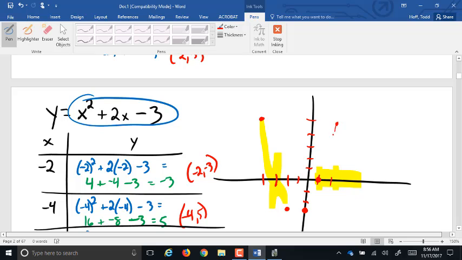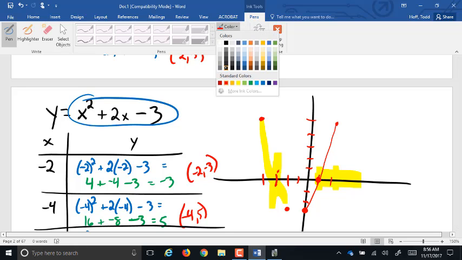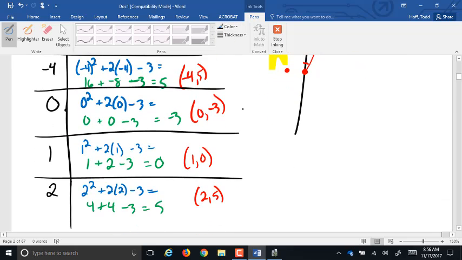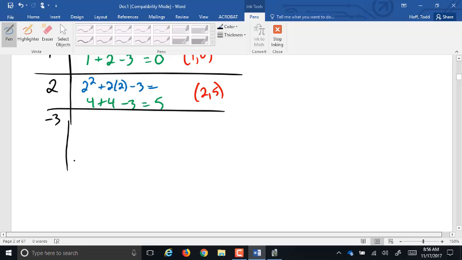So we got a pretty good idea what's going on over here. Let's try x equals negative 3 here, see what's going on right there. So that's going to make negative 3 squared plus 2 times negative 3 minus 3. Negative 3 squared is positive 9. 2 times negative 3 is negative 6. 9 plus negative 6 minus 3 is 0.